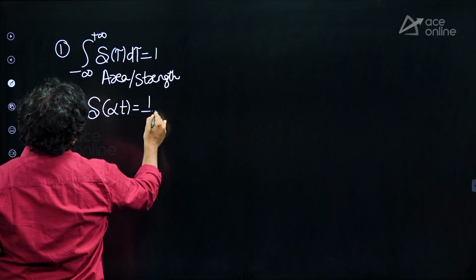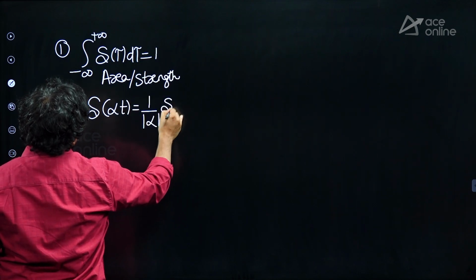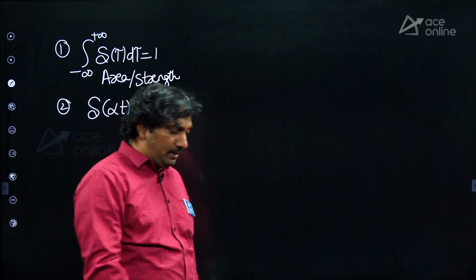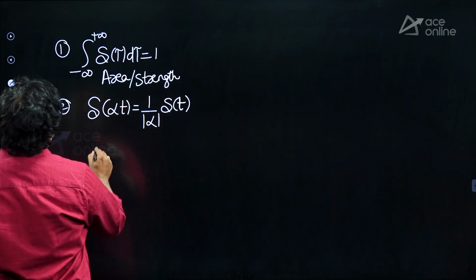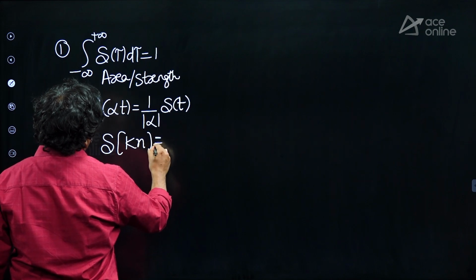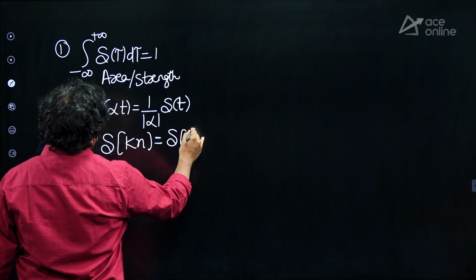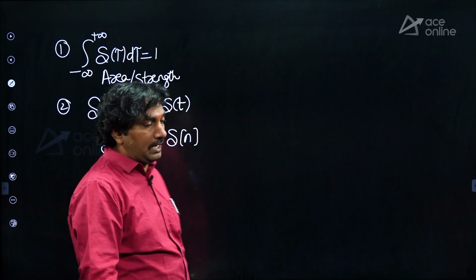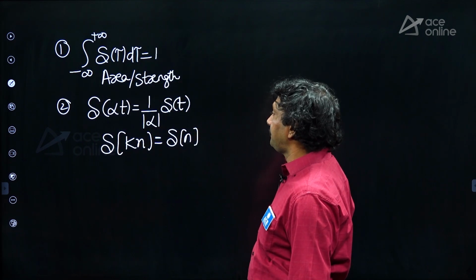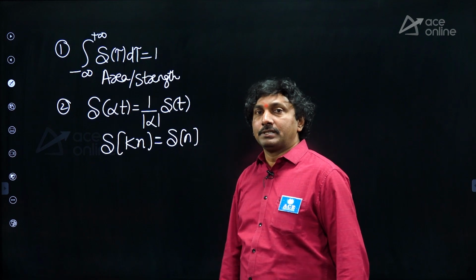Del of alpha t is 1 by mod alpha del of t. But in the discrete case, when you scale the discrete impulse by a factor k, del of kn equals del of n. When you scale the discrete impulse, the answer remains the same.